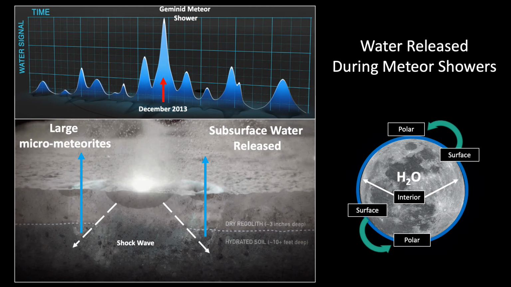And this water, of course, is going to migrate to these permanently shadowed regions. This is what we call the current water cycle on the moon.